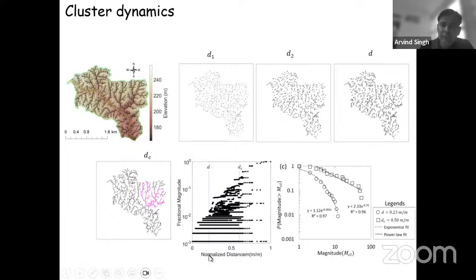So here, for this particular example, this is the magnitude distribution, and at two different distances, D and DC, we observe exponential and power law type of distribution, and we call distance DC the critical distance. That is the distance at which the power law is observed.